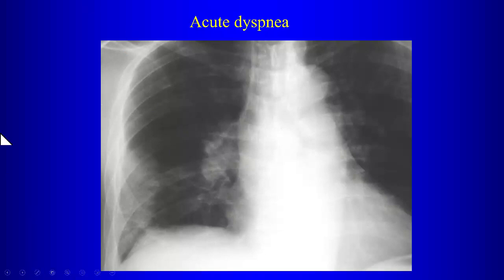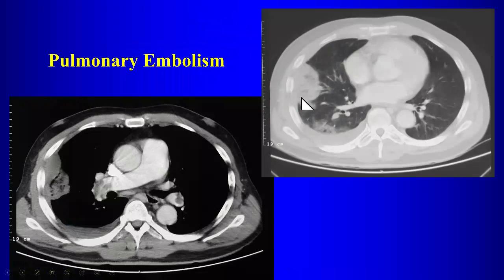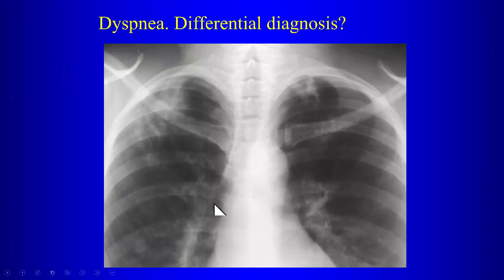So it's a plump right hilum. So how do you put those findings together? It's like PE with Hampton's. Yeah, so that's a pulmonary infarct, right? So pulmonary embolism with a pulmonary infarct here, and then that's a Hampton's hump. So pulmonary infarcts from PE, these can also give you peripheral consolidations, right? That's what we would expect to see with pulmonary infarct.